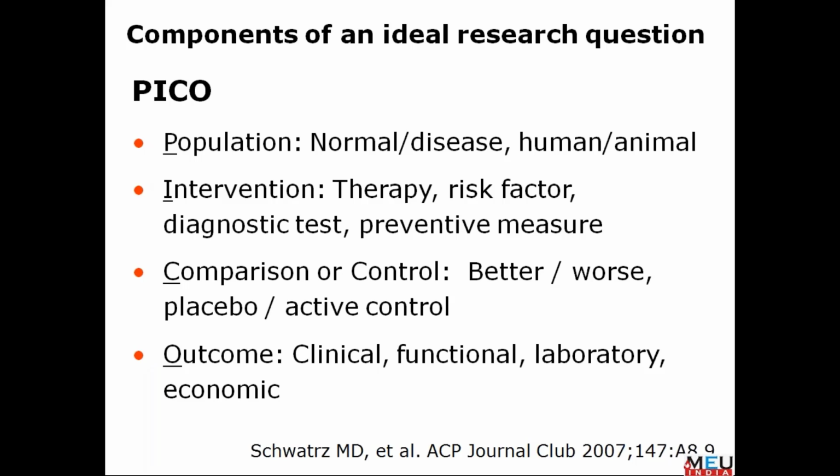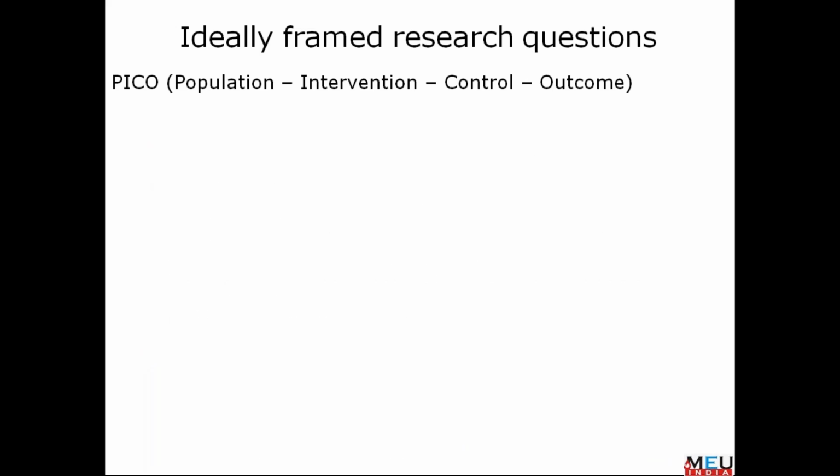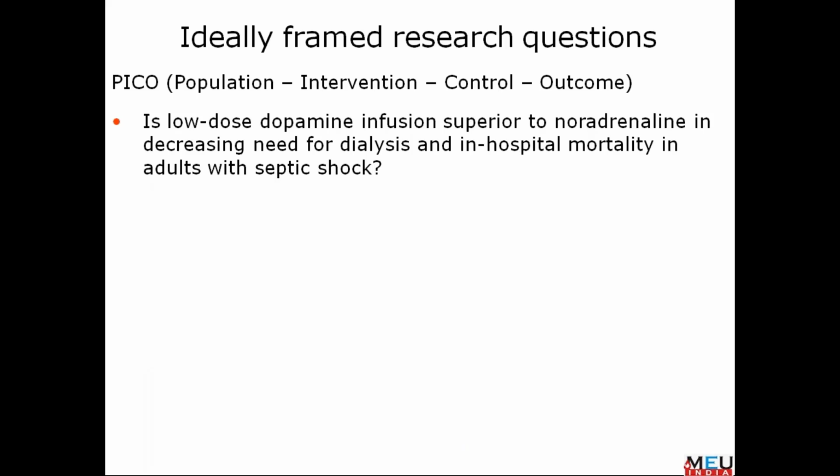So this PICO is very important. So the ideally framed research question must have the population, the intervention, the control, and the outcome.